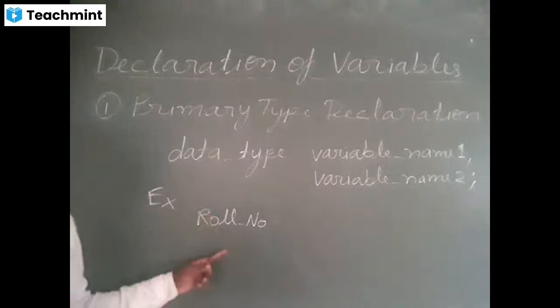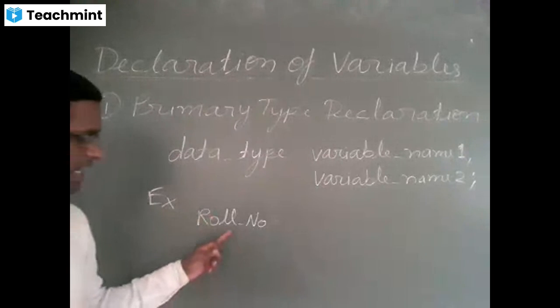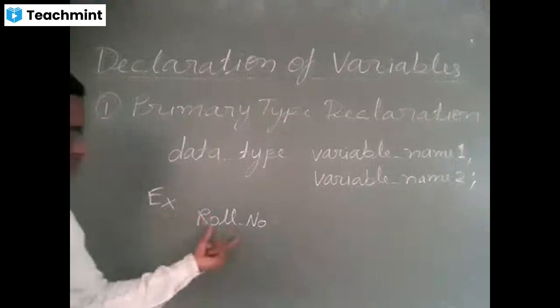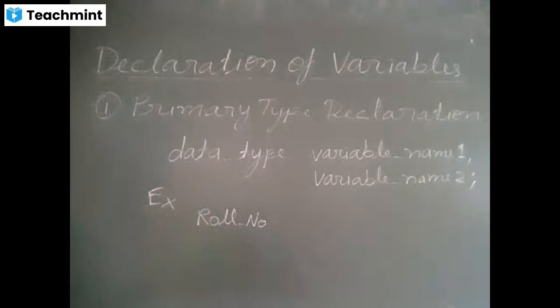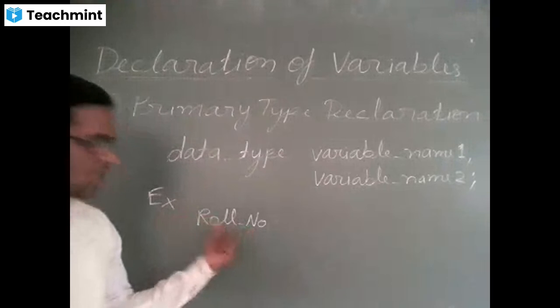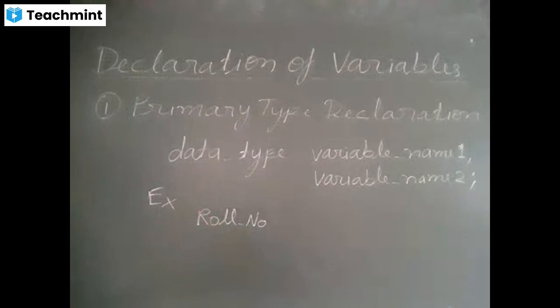So how do we declare this variable in a C program? Because the roll number is an integer, in C, for the integer type of data, we use the int keyword.